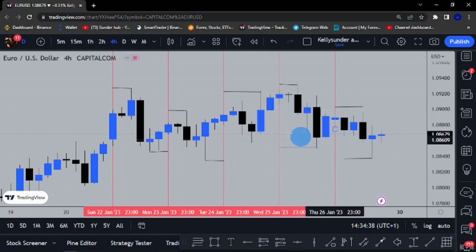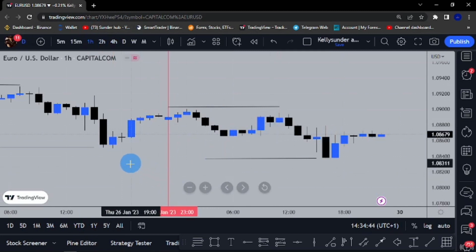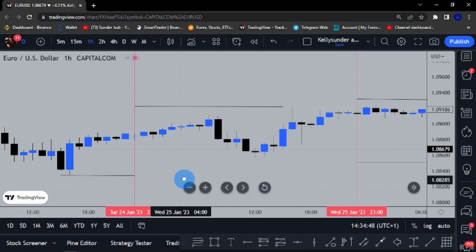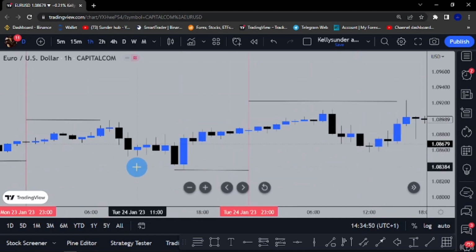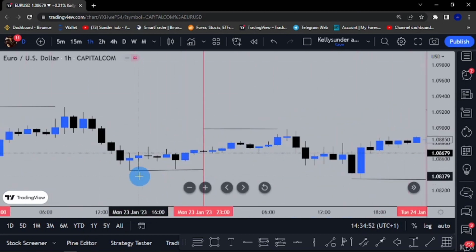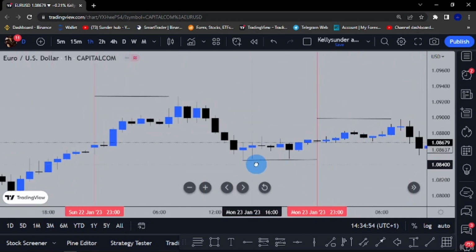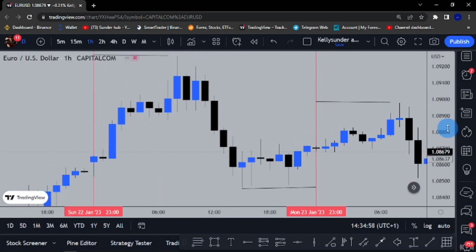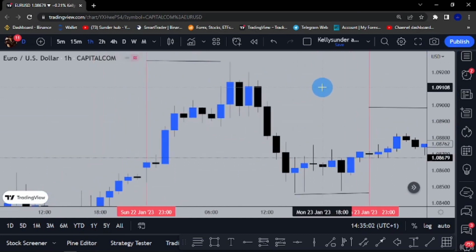EURUSD price action sometimes looks messy on the higher time frame, but let's push to the lower time frame. So the question now is, how would you have taken advantage, or what trades could you possibly have taken from looking at these charts? That's what you probably ask yourself: what time did this actually happen?